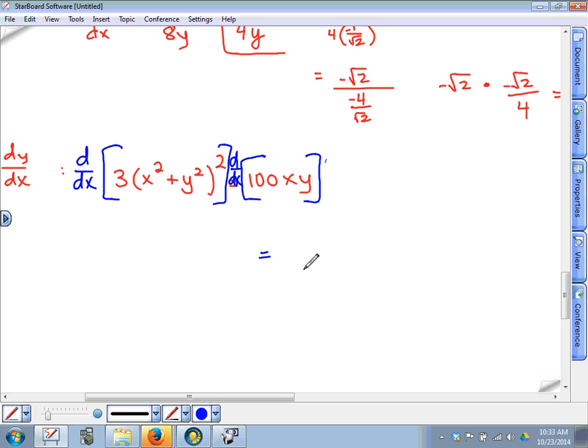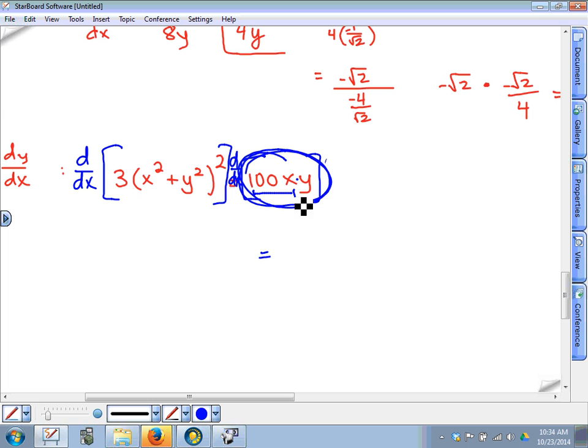100x times y. This is a product rule, you guys. If we're just doing the derivative of this, 100x times y, that's a product rule.